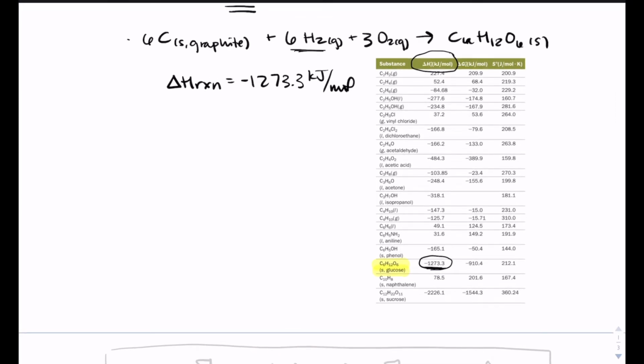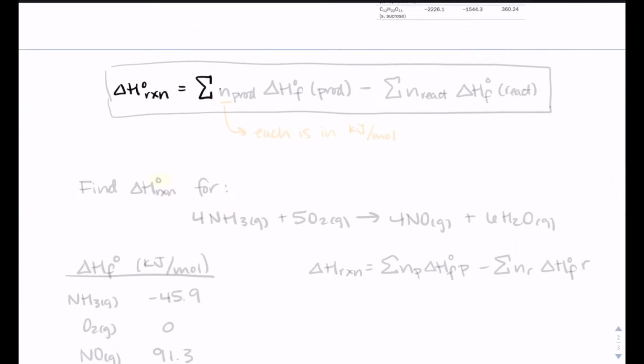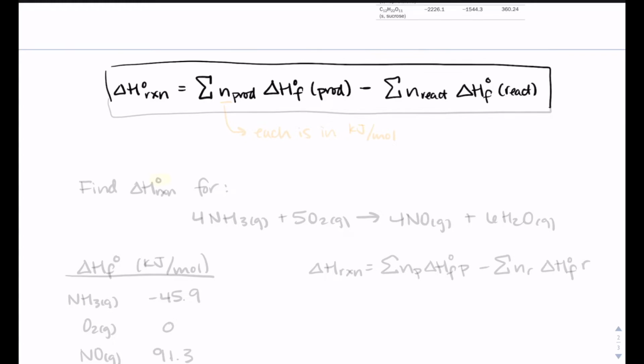The way that we use this is that when we have a full reaction that's not necessarily just the formation of that compound, we will be able to put enthalpy of formation values into our products minus reactants equation, because it's secretly like doing Hess's law a bunch of times, except we're making it faster by leaving off the formation of those compounds.